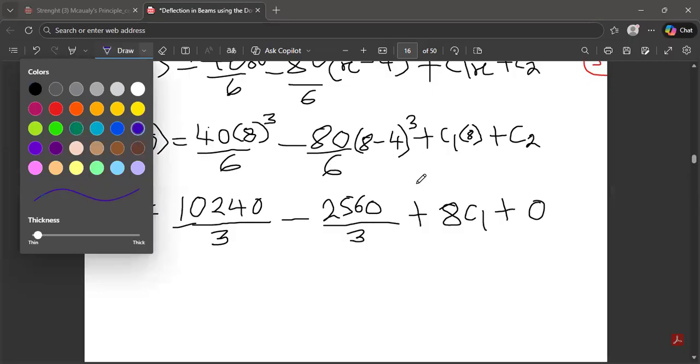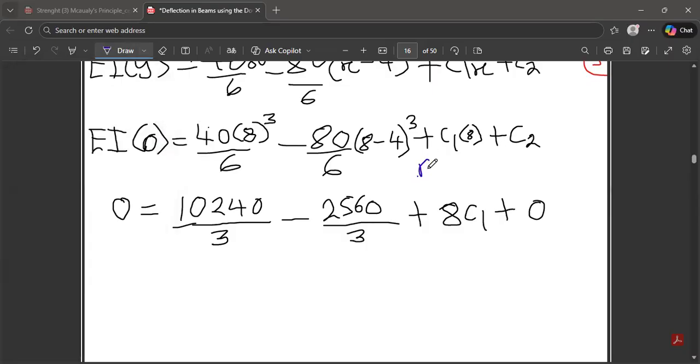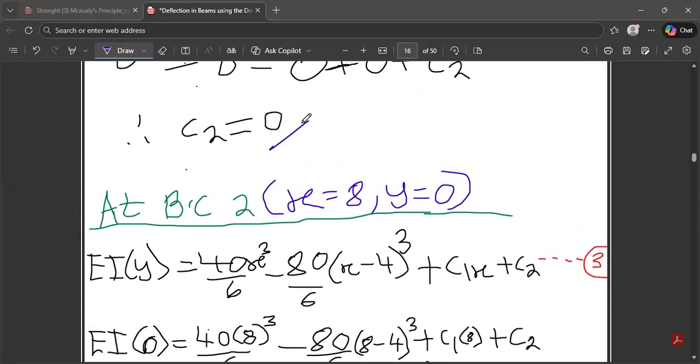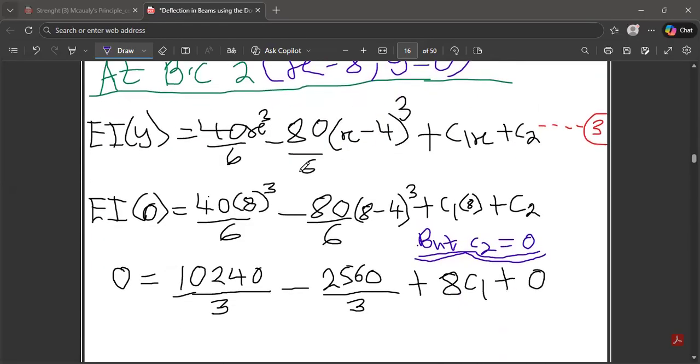We are saying that C2 is equal to 0. That means that anywhere we see C2, we are going to put 0 over there. We just calculated and we know now that C2 is equal to 0 in this relation.